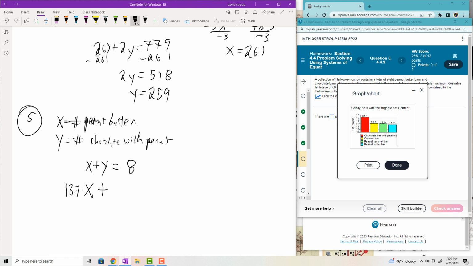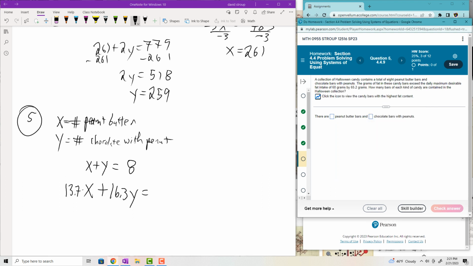The chocolate bar with peanuts is the red bar, and that's really bad for you. So there's 16.3 grams of fat per bar, right? And it's saying in total the amount of fat is exceeding 60 by 65.2. So the actual amount is not 60, it's 60 and then an additional 65.2.